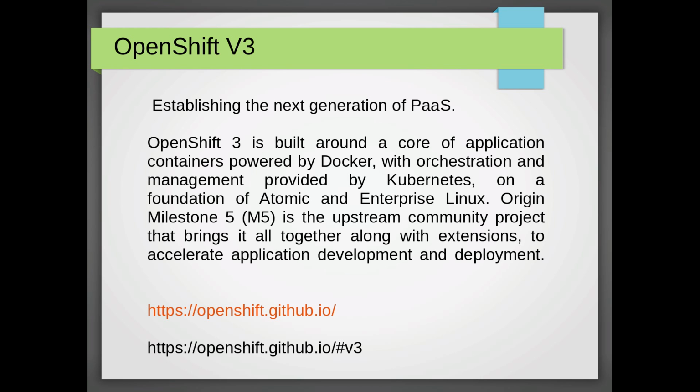We already know Docker's power and how robust it is for orchestrating Linux containers. The OpenShift team jumped into Docker container technology and built around a core application container powered by Docker, with everything orchestrated and managed by the Google Kubernetes system, which we have seen in the previous videos.